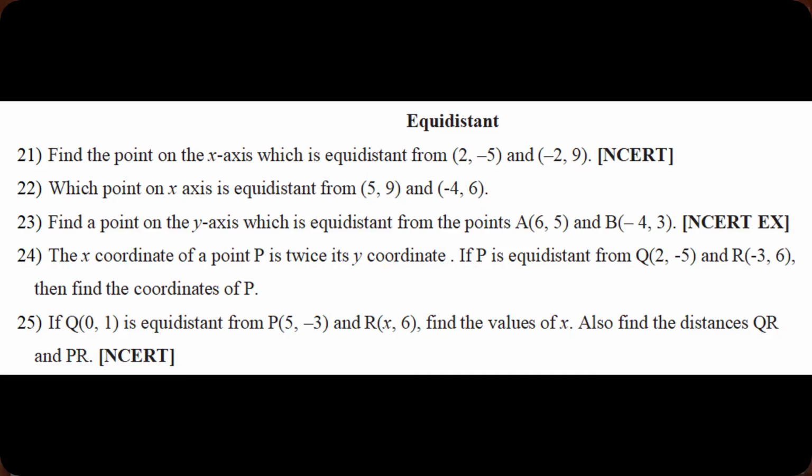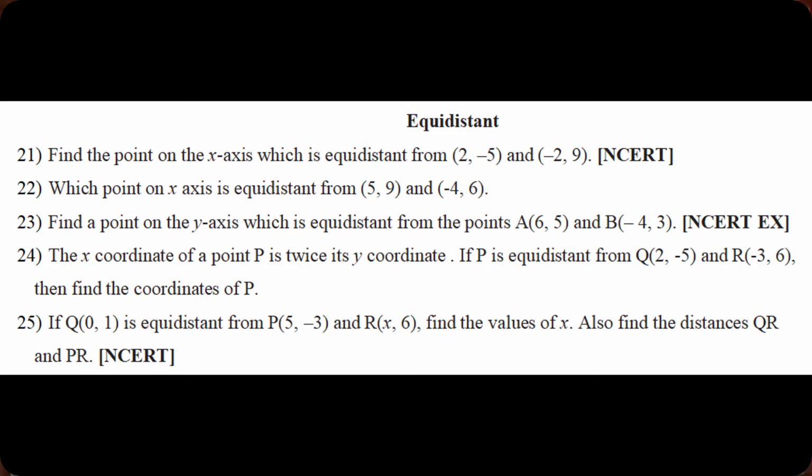Now look at question number 25. Actually it is like this: if Q of (0, 1) is equidistant from P of (5, minus 3) and R of (x, 6), find the values of x. Also find the distances QR and PR.